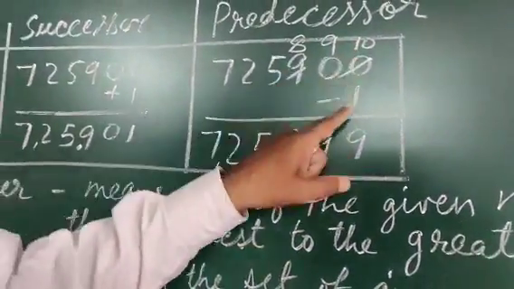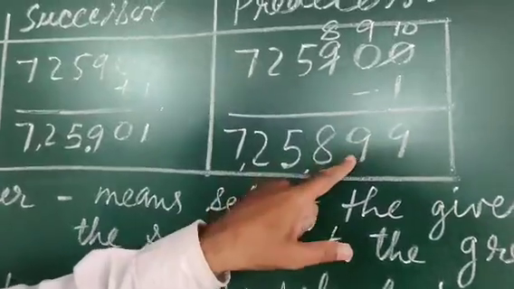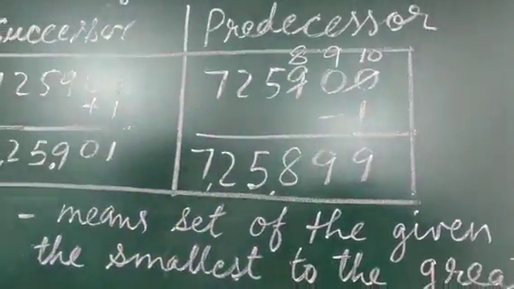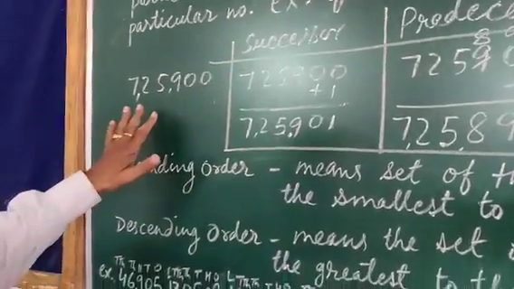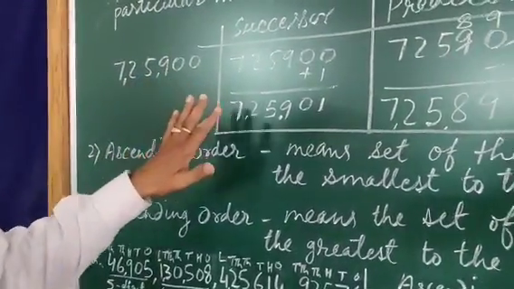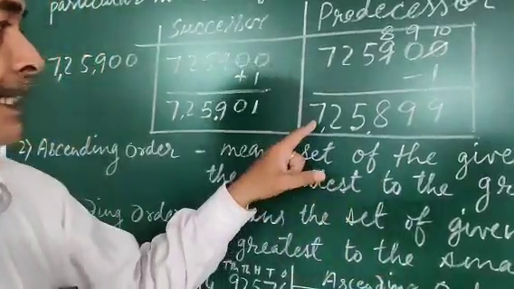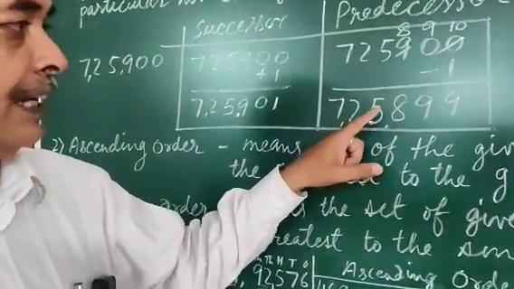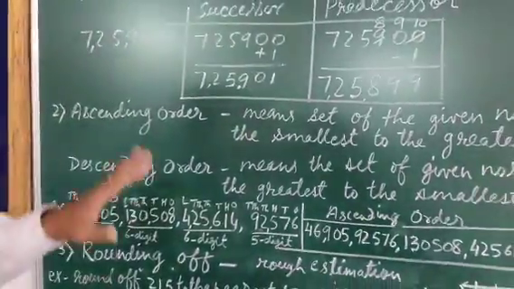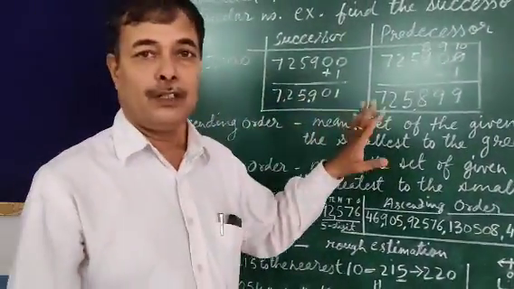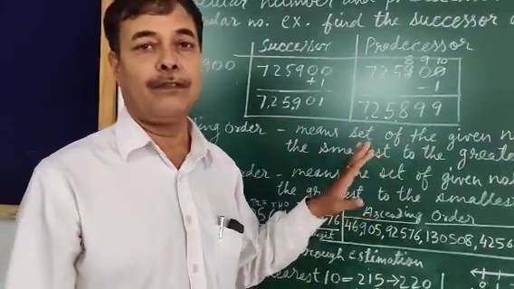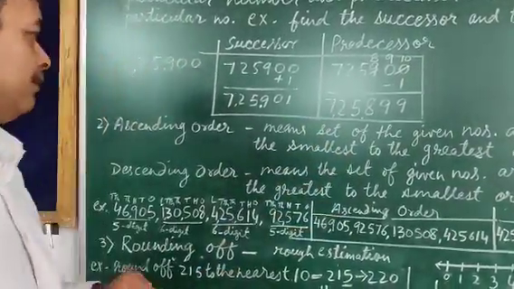Now see, 10 minus 1, 9. Here will be 9, here will be 8, 5, 2, 7. Hence, the predecessor of the number 7,25,900 will be 7,25,899. I hope you have understood how to find successor and predecessor of a given number.